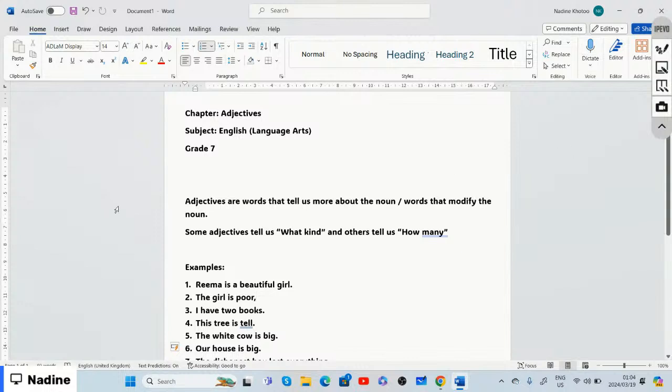But we are doing our chapter, which is adjectives. We said our subject is English language arts, grade 7, and today we're just going to focus on the lessons of adjectives that tell us what kind, as well as adjectives that tell us how many.